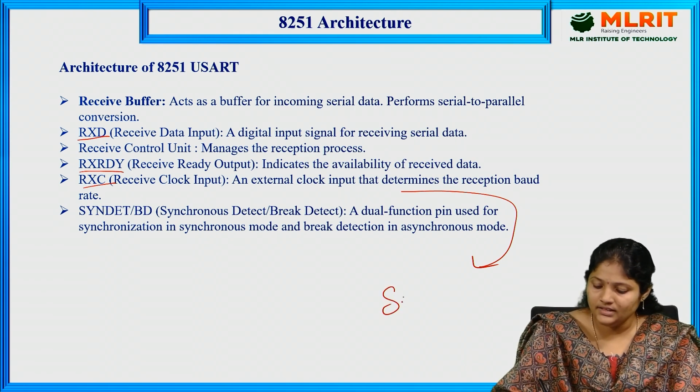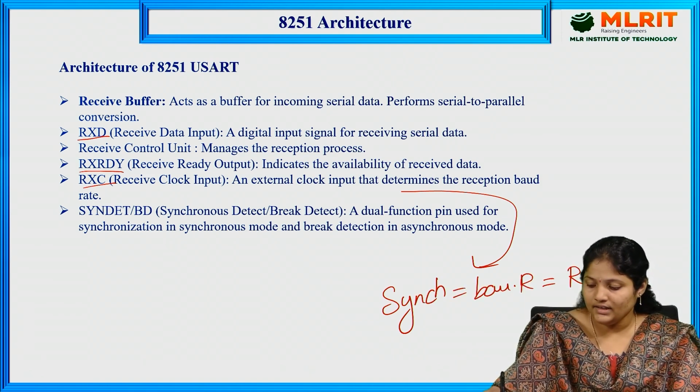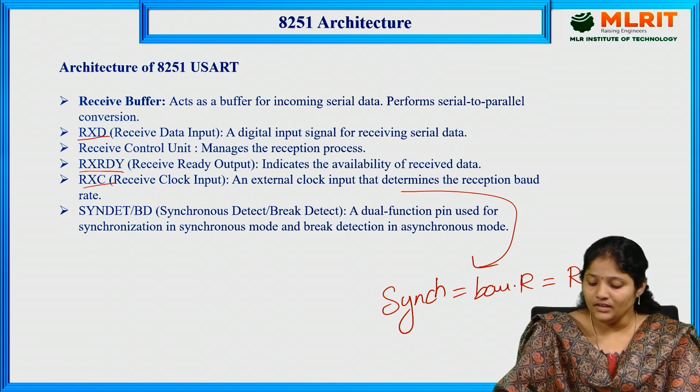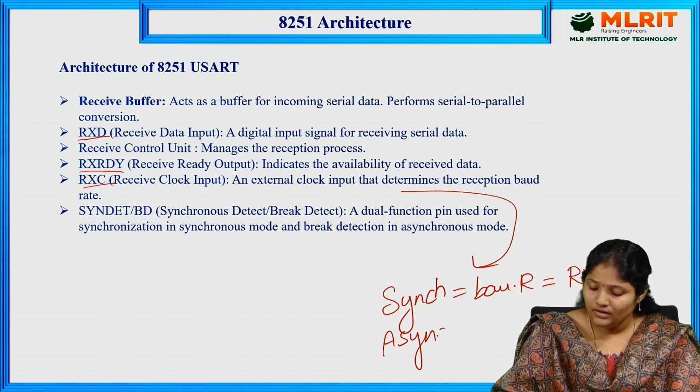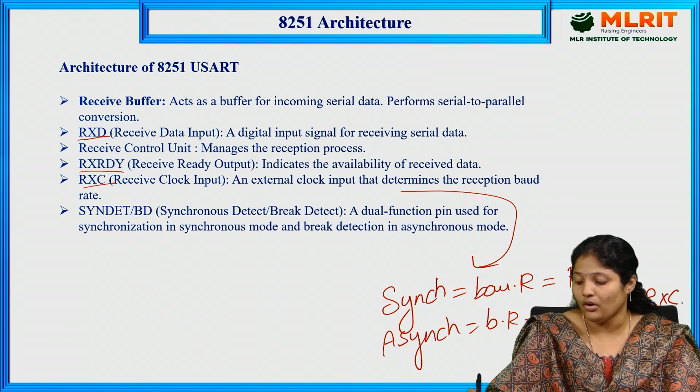In this receiving option there are 2 phases, because the 8251 USART supports synchronous and asynchronous mode. In synchronous mode, the baud rate will always equal the RxC clock frequency. In asynchronous mode, the baud rate equals either 1, 1 by 16, or 1 by 64 of the RxC clock frequency.